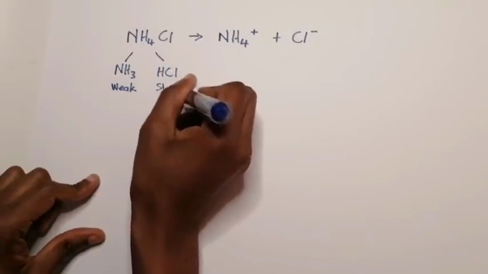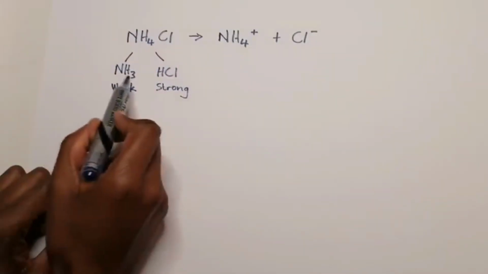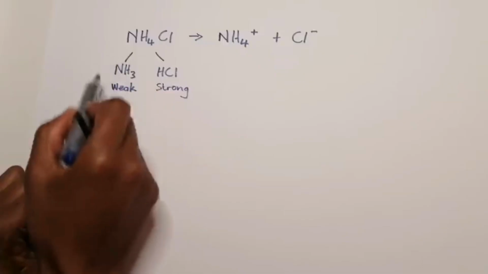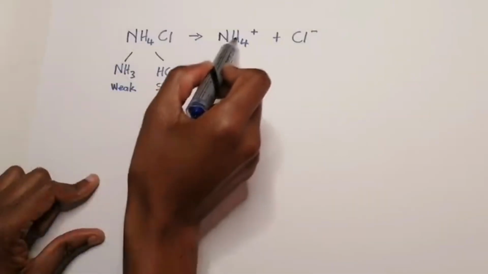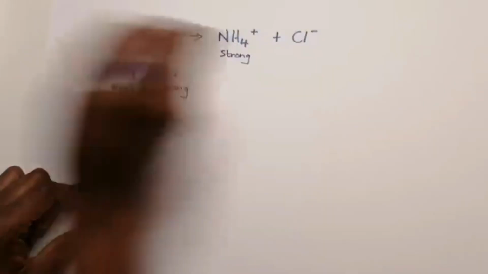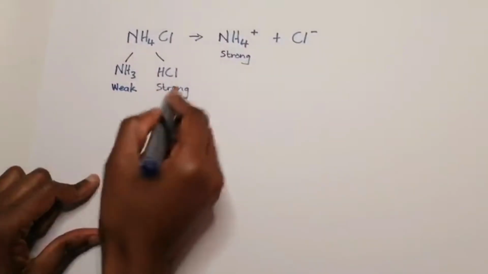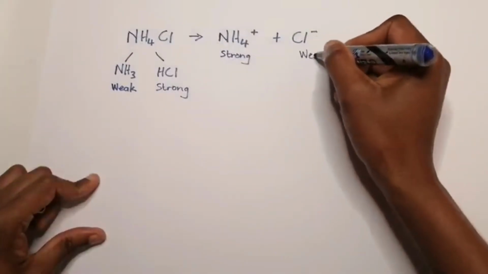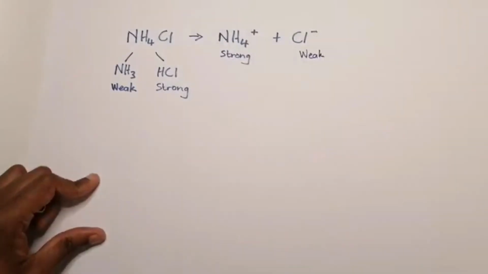Okay? So look at that. We said a weak base will give us a strong conjugate, so definitely this guy is strong. And then we've got a strong acid there, it gives us a weak conjugate, isn't it?